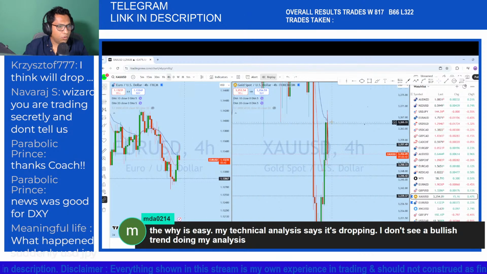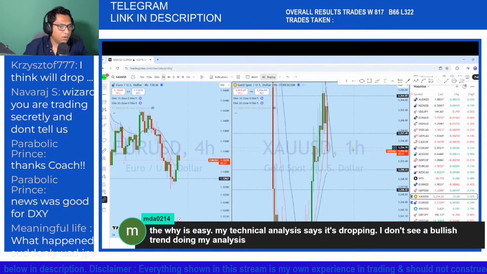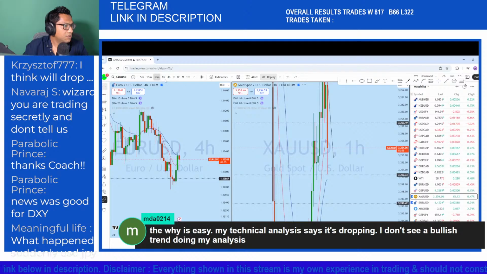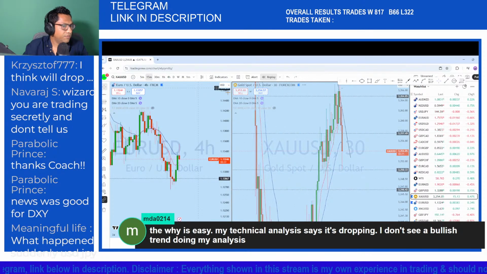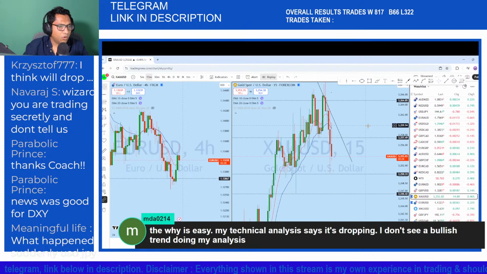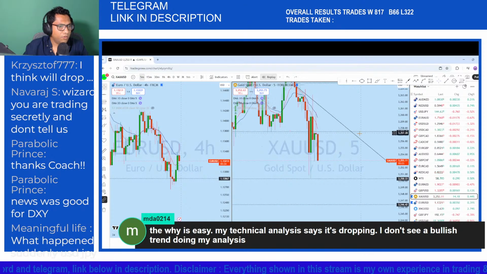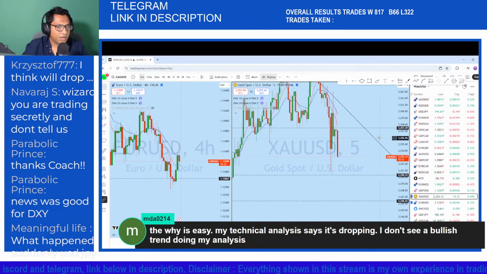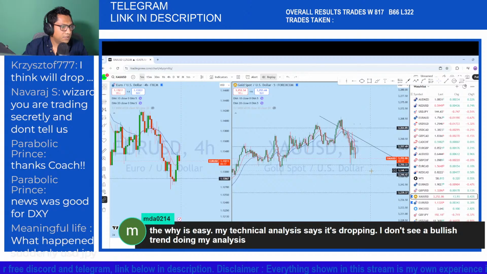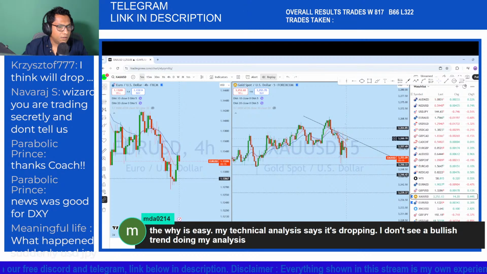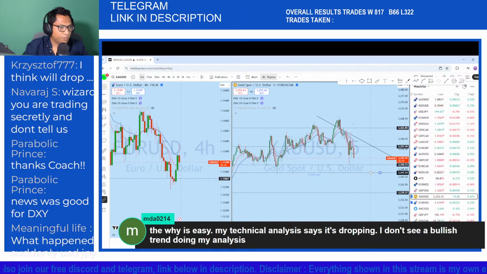Looking at the 4 hour, we can see from here a sharp rejection to the downside. From the 1 hour also we can see the rejection. Lower time frame here also we can see that rejection. 15 minutes also we see that there is a rejection here. Now 5 minutes, that's where we can see the market after a liquidity grab. It's here creating a series of lower highs, coming here to that support level potentially.